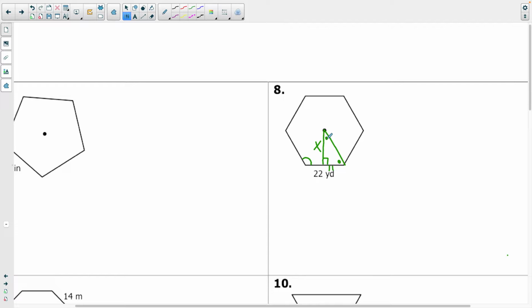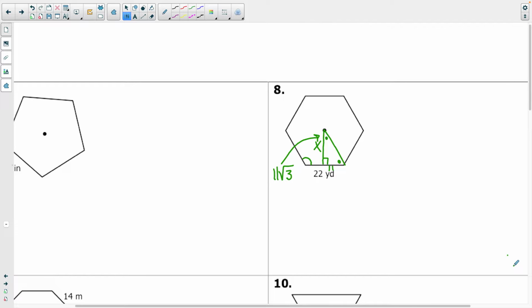So that's my short. So you assumed correctly. So that's 11. So the apothem is what? 11 square root of 3. This one was actually easier because we have the short versus the long, so we didn't have to divide by the square root of 3 on this one.